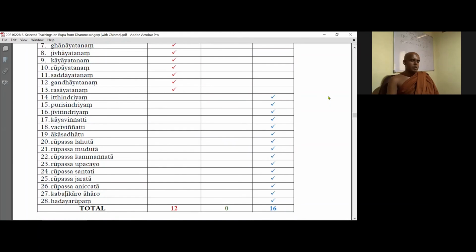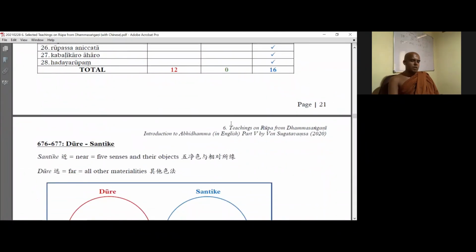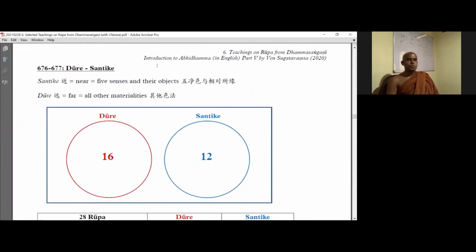And in a similar way, they classify rupa according to dura and santika. Santika is nearby. Dura is far. How many rupa are nearby you? There are 12. How many rupa are far from you? There are 16.